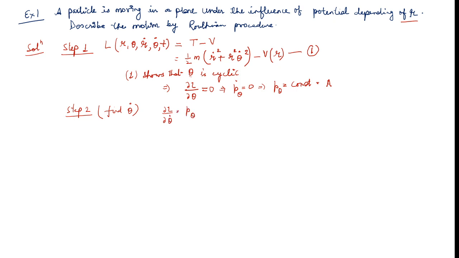By definition it is p theta, and your p theta is a. Now differentiate this Lagrangian with respect to theta dot: half m twice r square theta dot is equal to a. So it is very easy to find your theta dot. This theta dot is a upon m r square. So this is the second step.